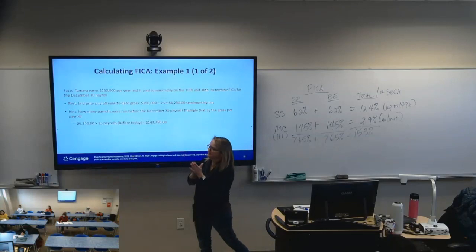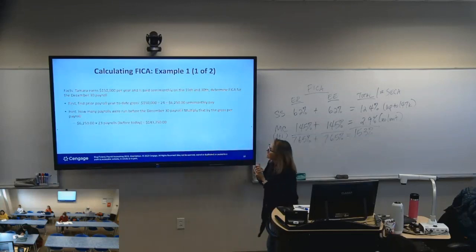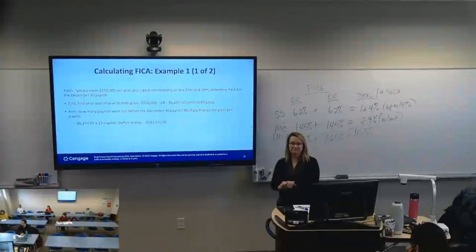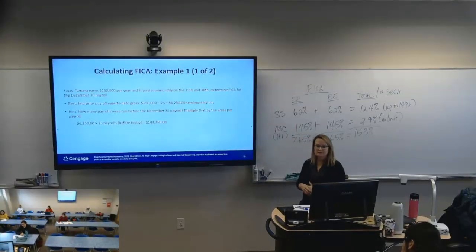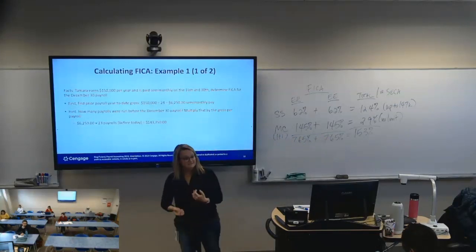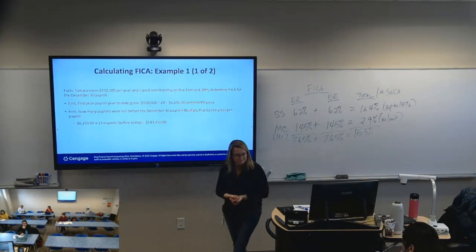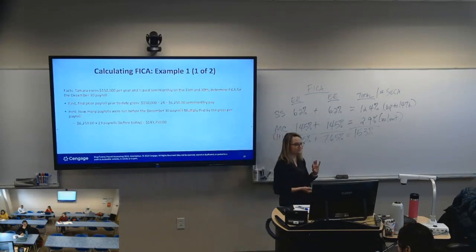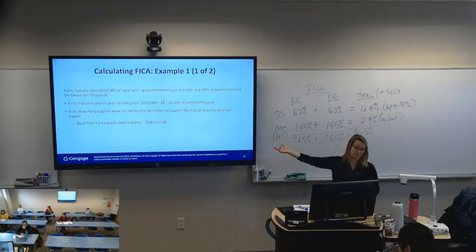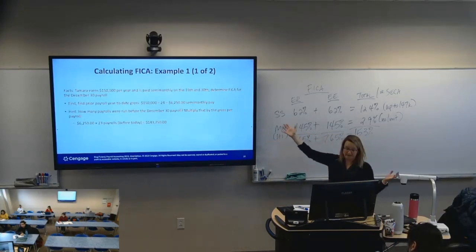Okay, so let's look at Tamara here. Tamara earns $150,000 a year, paid semi-monthly, on the 15th and 30th. So they want us to determine Tamara's FICA for the December 30th payroll. This is a little complicated because this is the last payroll of the year, and her annual income is over 147.